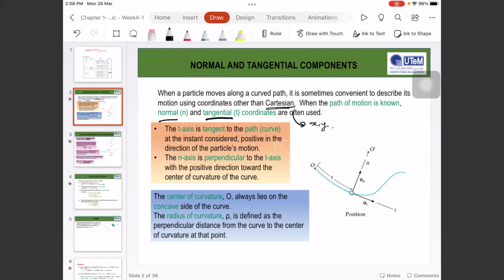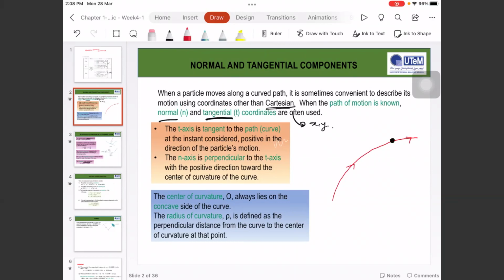Let's say I have this motion. At this location, let's say it moves in this direction.